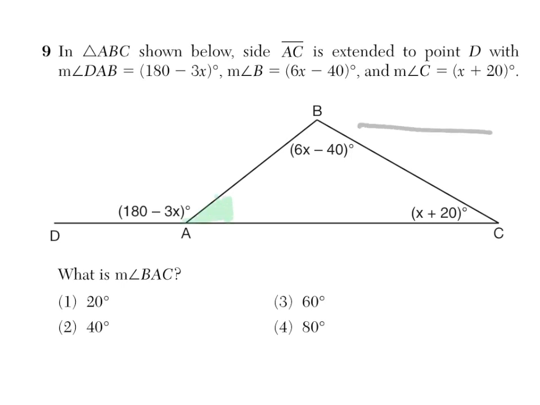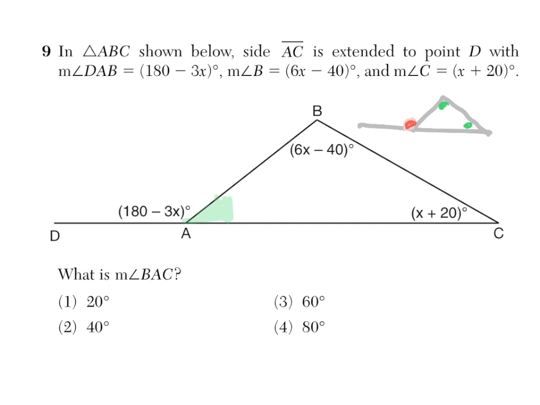Well, I remember a few things. Among the things that I remember is that the exterior angle is equal to the sum of the two opposite interior angles. So this red angle right here equals these two green angles. And so let's set that up right now.